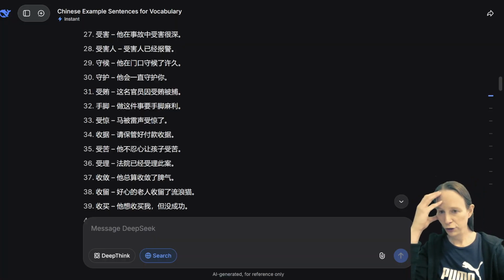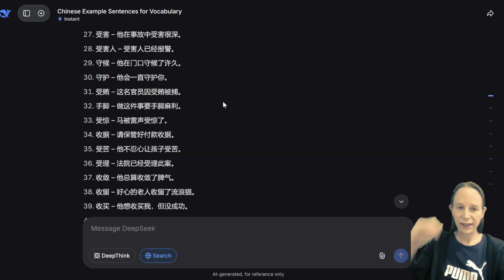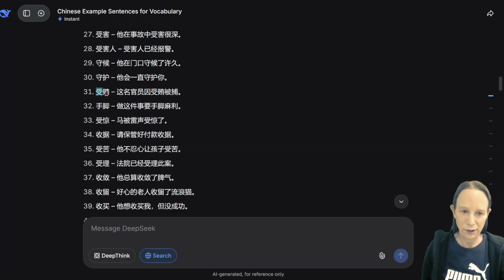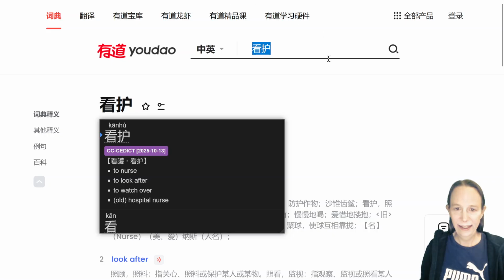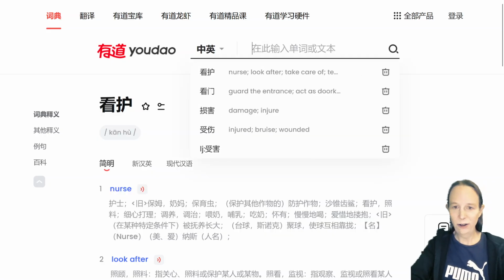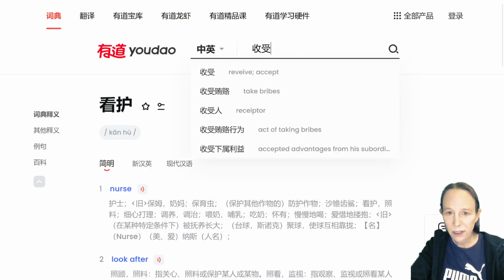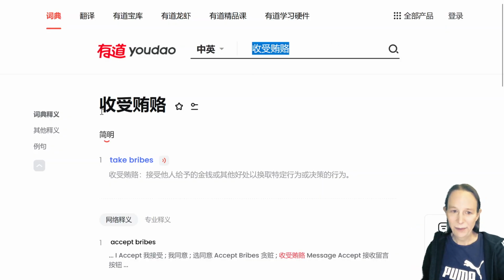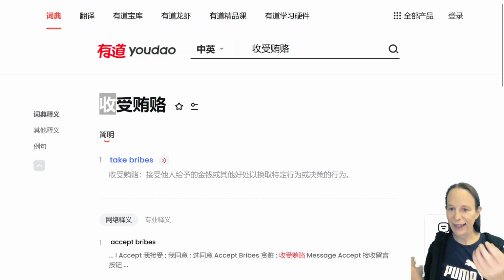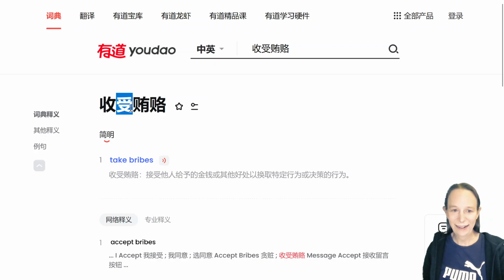This is 受贿. Yeah, so this is to be on the receiving end of a bribe. Usually you see it in this combination of 收贿赂. So this is accepting and being given bribes.